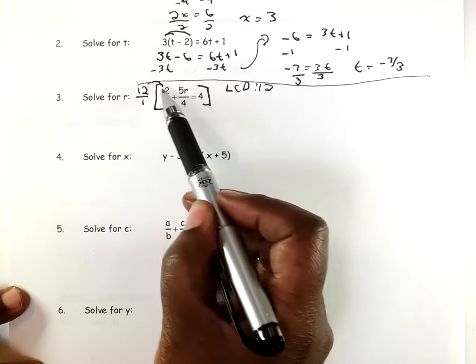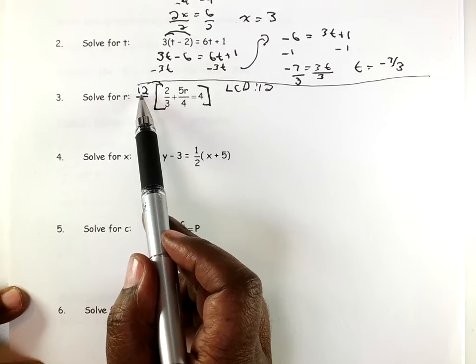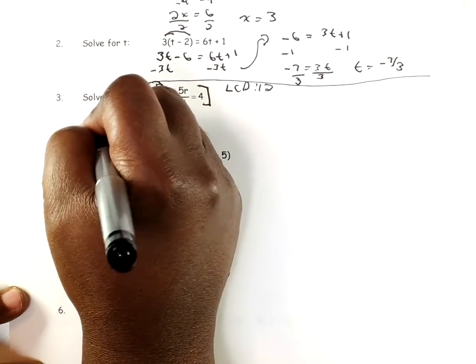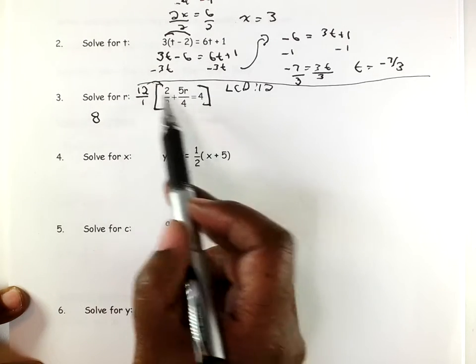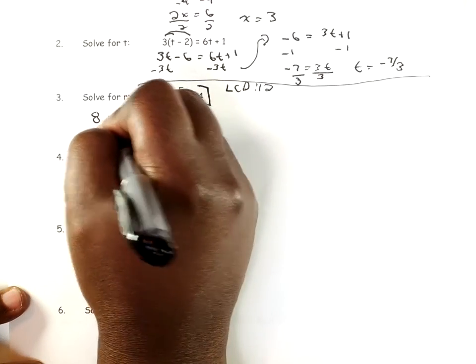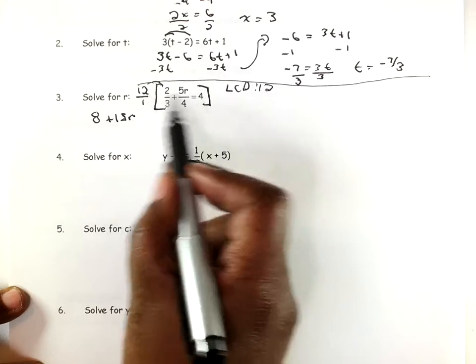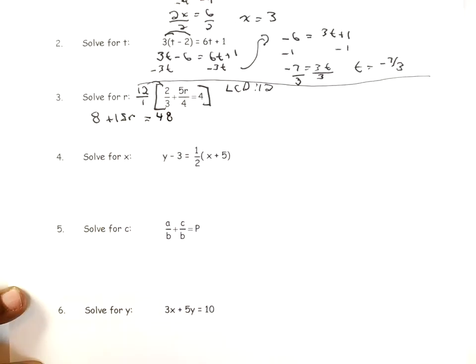So when I multiply 2 over 3 times 12 over 1, the 3 goes into 12 4 times, and we end up with 4 times 2 is equal to 8. The 5r over 4. 4 goes into 12 3 times, so I'm left with 3 times 5r, which is 15r. And on the other side, I have 12 times 4, which is 48.